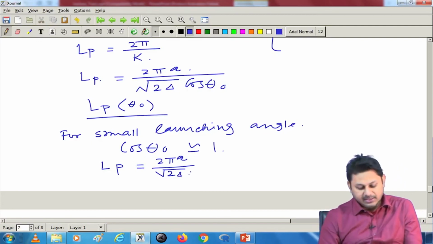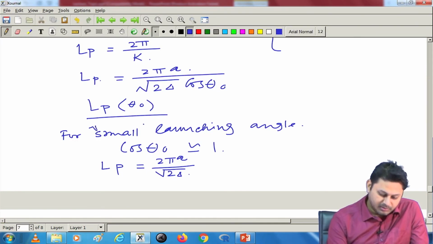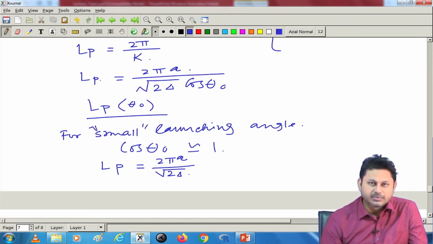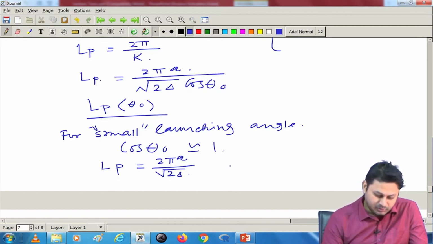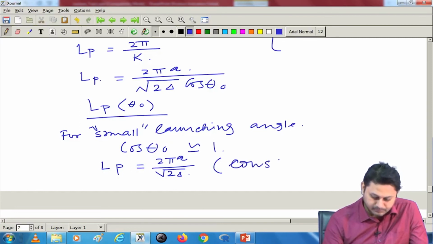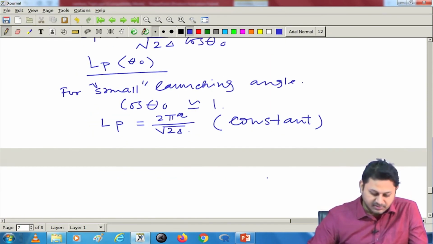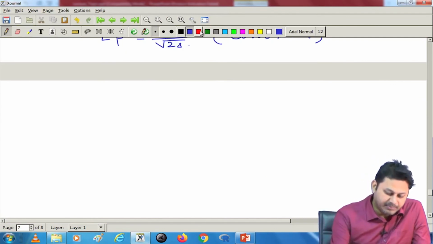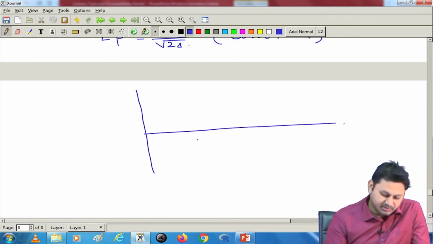Now, you can see when the launching angle is small, so that cos theta 0 is of the order of 1, then this LP value becomes a constant quantity. It will not depend anymore on the launching condition. So, under such conditions, all the rays will follow the same period.